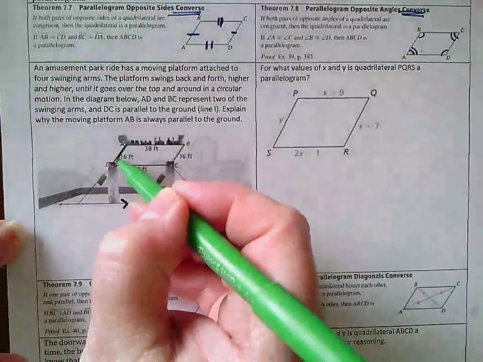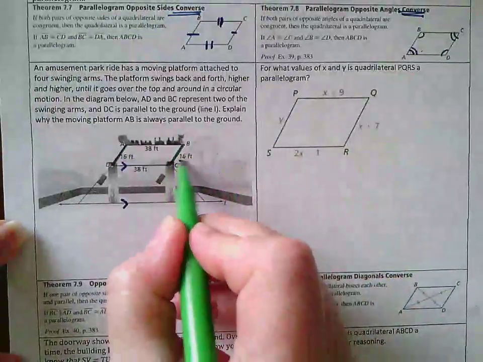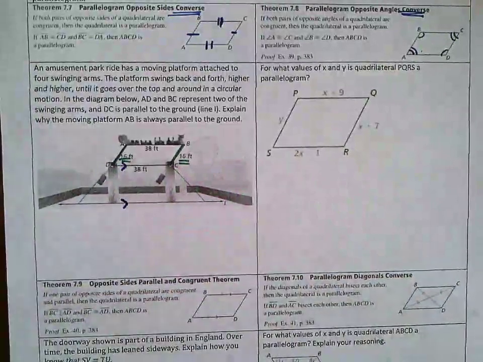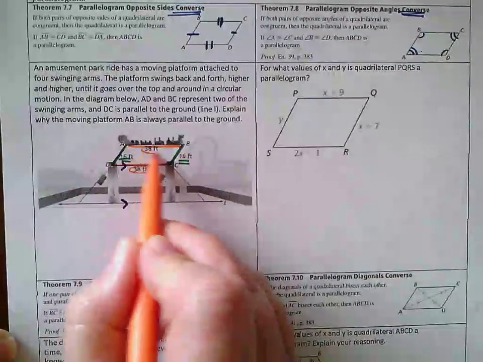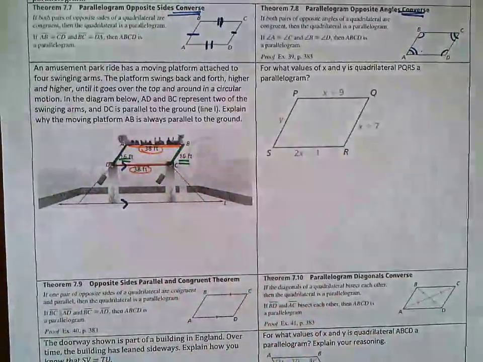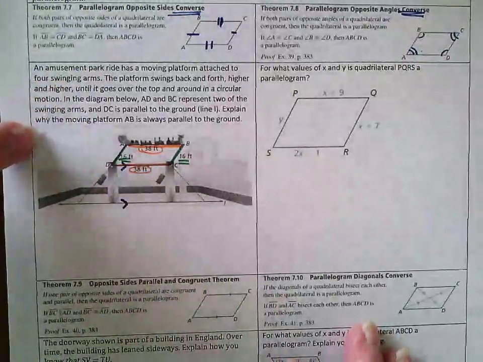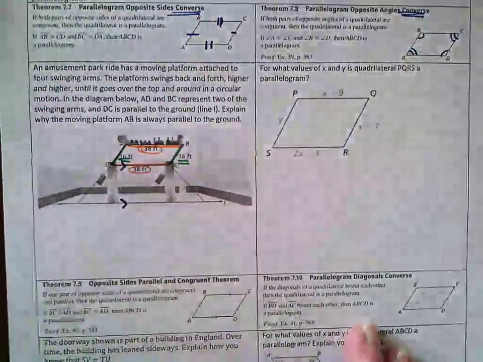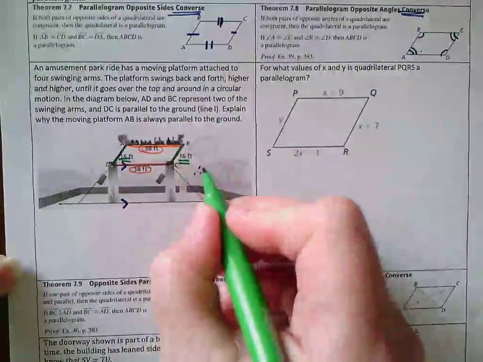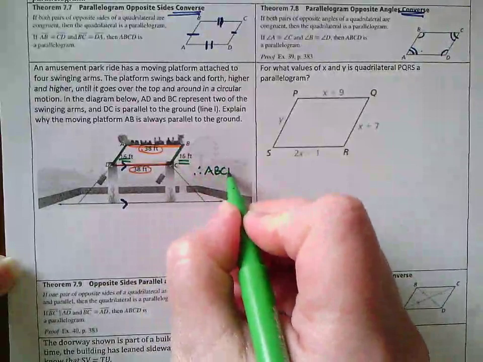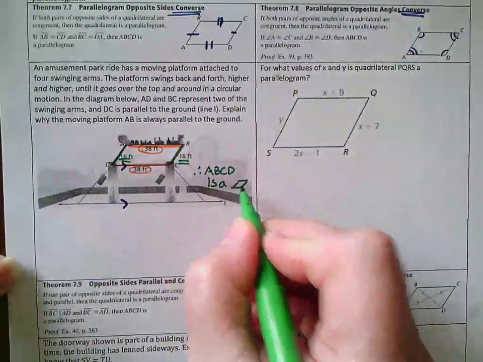If you take a look right here, these are both equal to 16 feet. And then right here, 38, 38. So I can say that because the opposite sides are congruent to each other, this is a parallelogram. So therefore ABCD is a parallelogram.